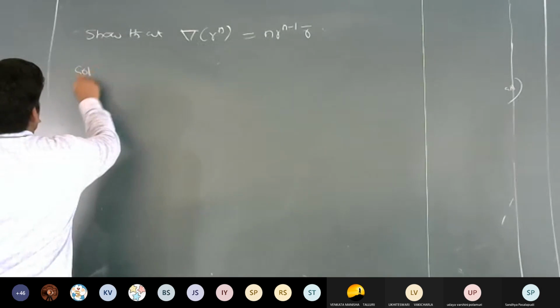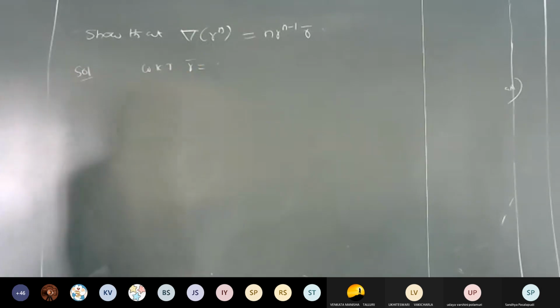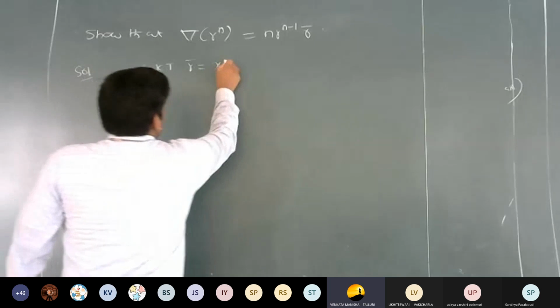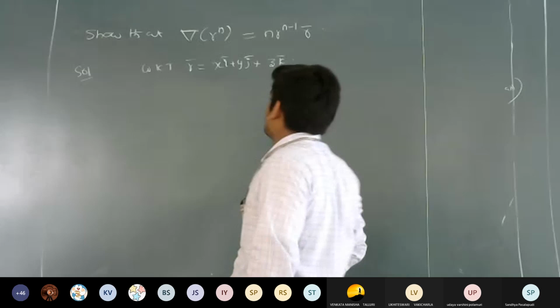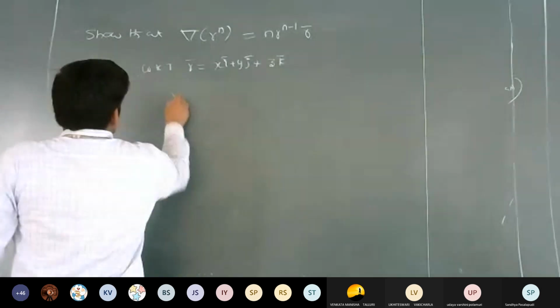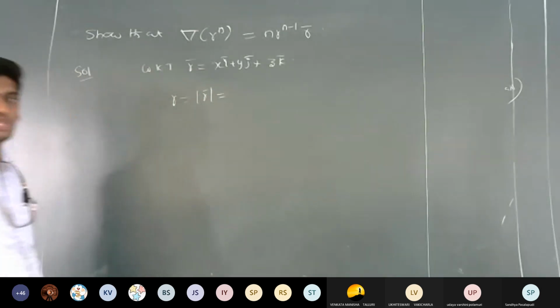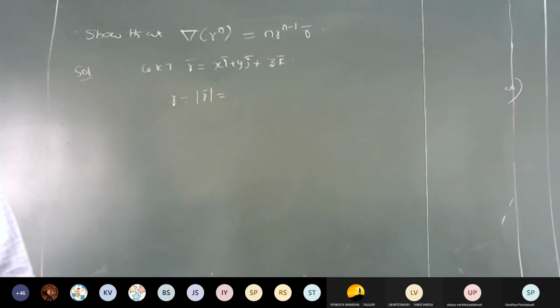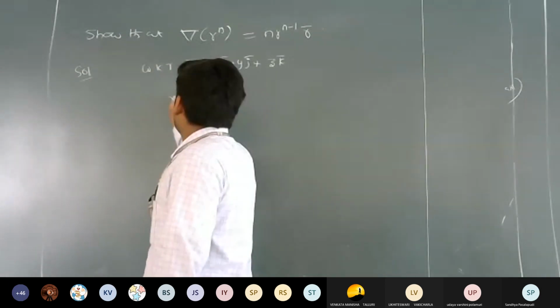First, we know what r bar is. What is the position vector? r bar is x i bar plus y j bar plus z k bar. Next, what is r? r means the magnitude, mod r bar. The vector must be denoted by a thick letter or with a bar, but a simple letter r is a scalar.